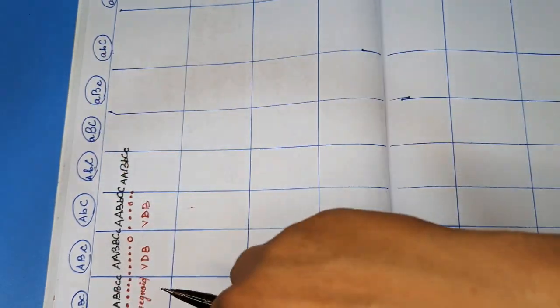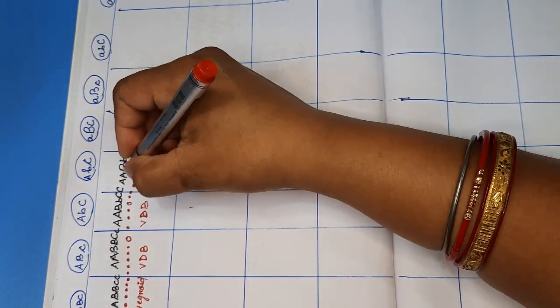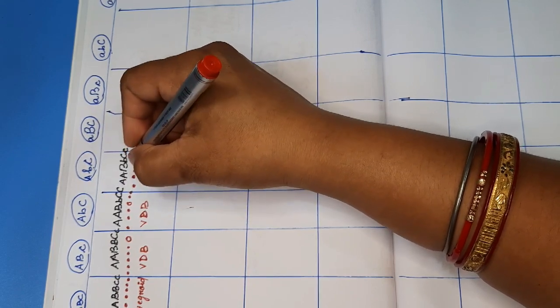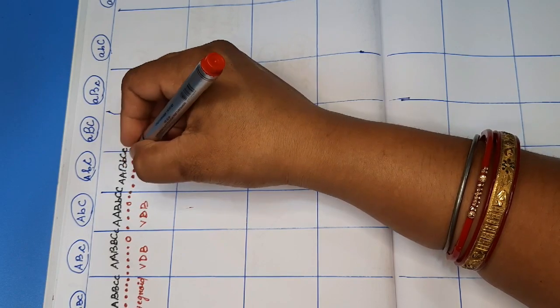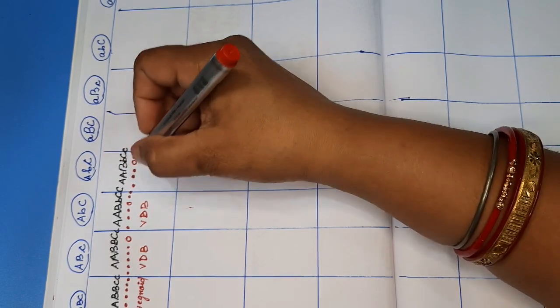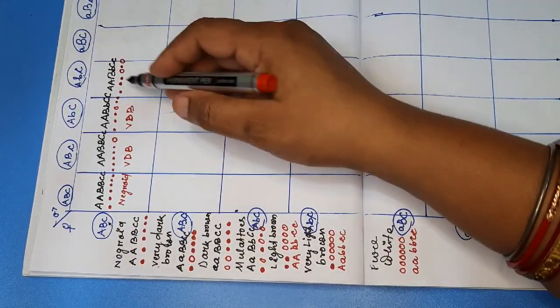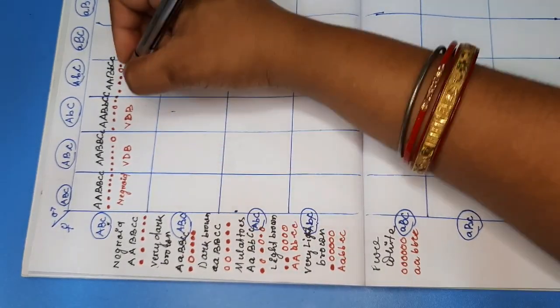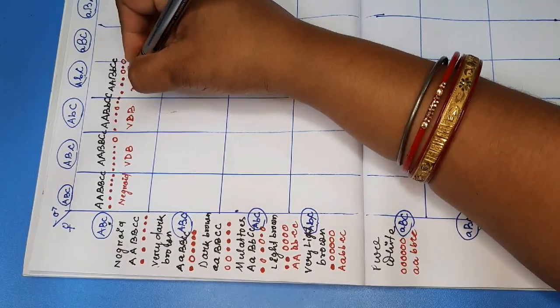So for this it is a dark spot, for this it is a dark spot, for this it is a dark spot, light spot, then dark spot, then light spot. So 2 lighter spots and 4 dark spots. It is this combination, dark brown. So it will be dark brown skin coloration.